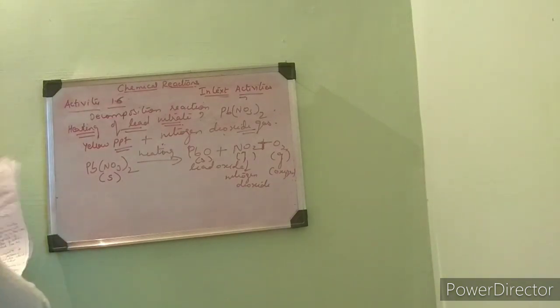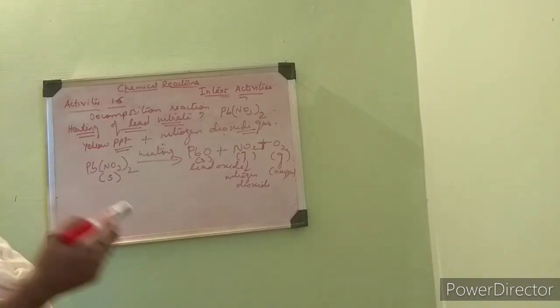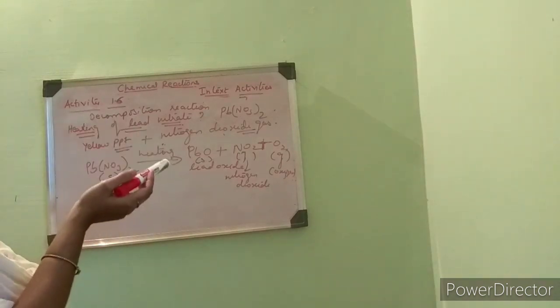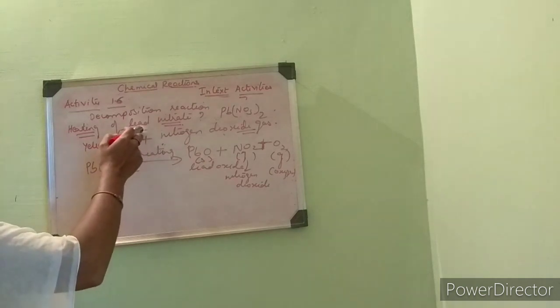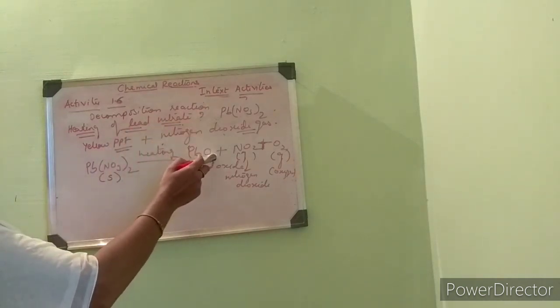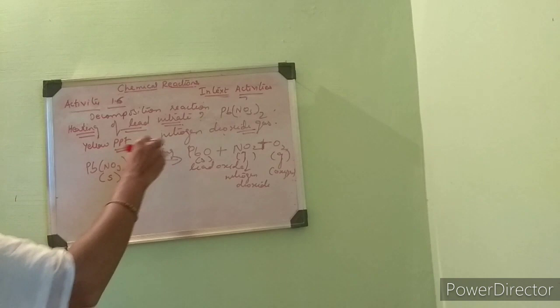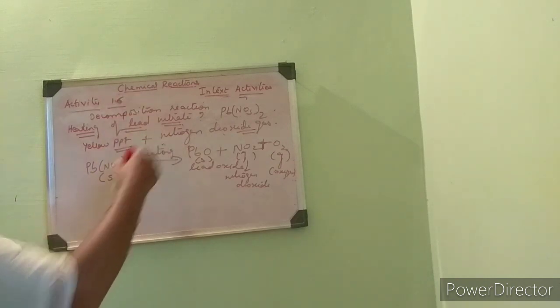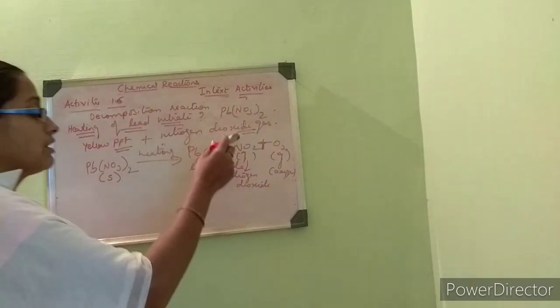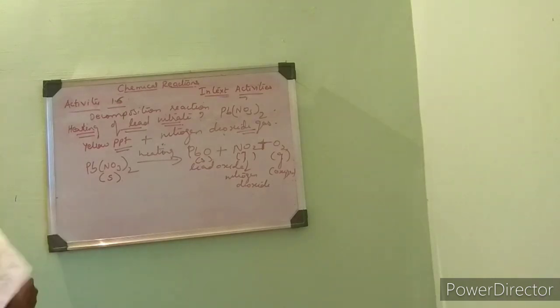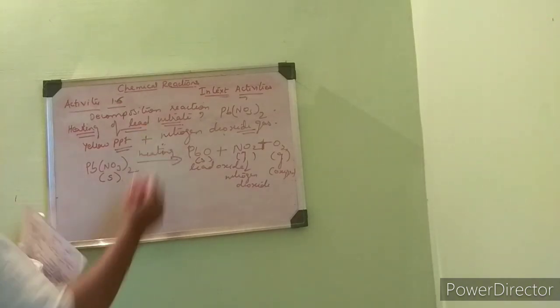In the previous decomposition we have seen that ferrous sulfate becomes ferric oxide. Here lead nitrate also becomes lead oxide. There the gas released is sulfur dioxide; here it is nitrogen dioxide. Both come under decomposition reaction.